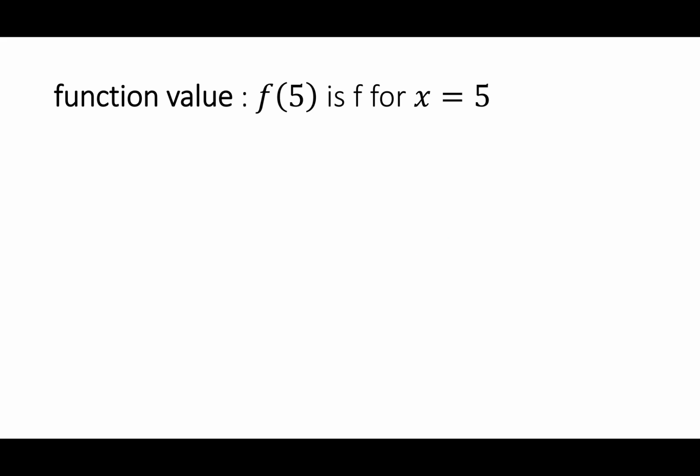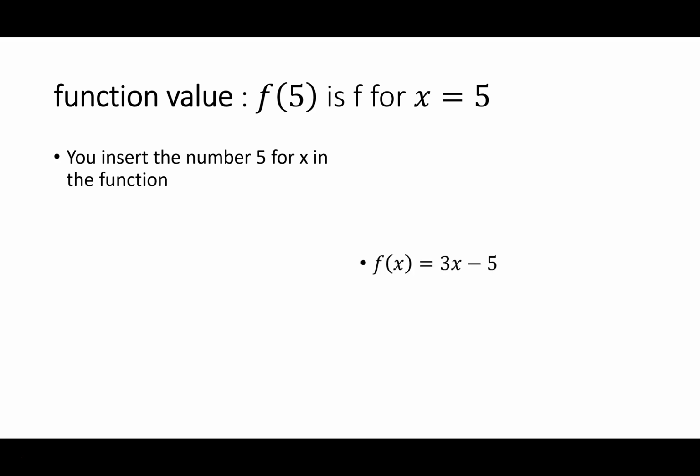So a function value is where, instead of f of x, it's going to be f of 5. And that really just means substitute 5 for x. So it's really just shorthand. What that would look like is you would insert the number 5 for x in the function. So when you see f of x is 3x minus 5, if we saw f of 5, we replace the x here with 5 as well.